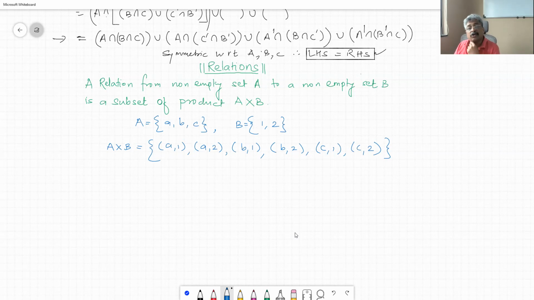This is your A cross B, and any subset of this is a relation.